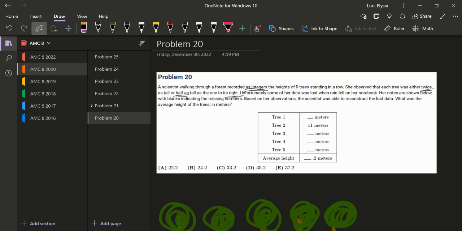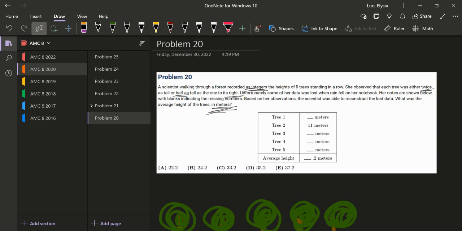Unfortunately, some of her data was lost when rain fell on her notebook. Her notes are as shown below, with blanks indicating the missing numbers. Based on her observations, the scientist was able to reconstruct the lost data. What was the average height of the trees in meters?